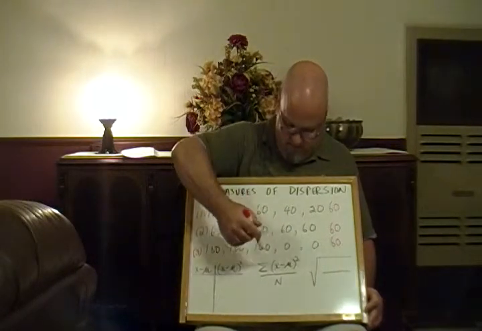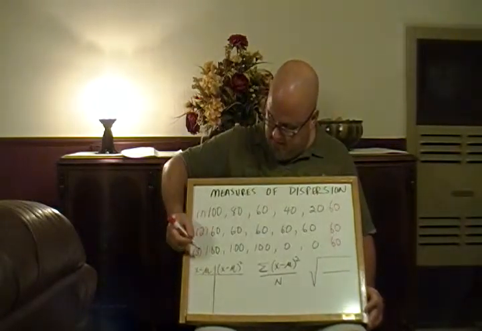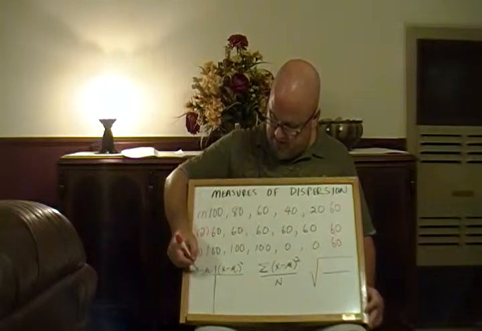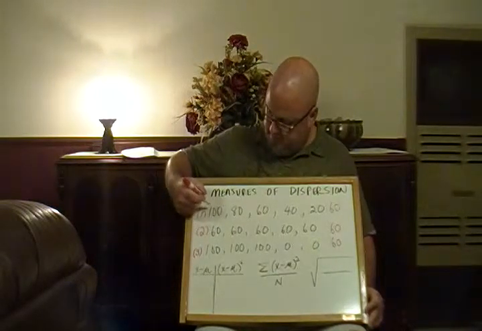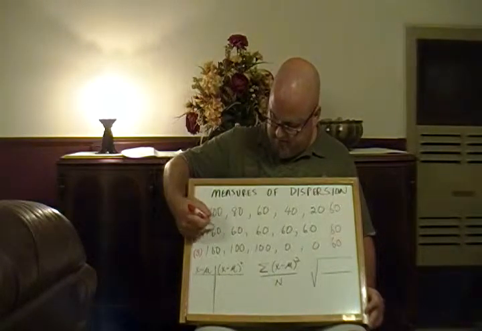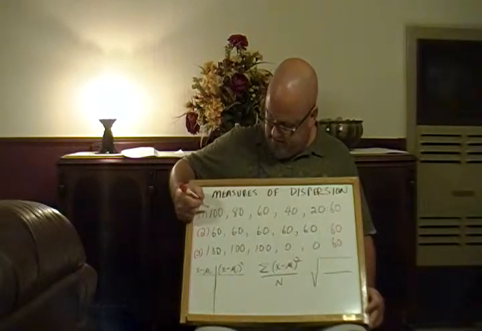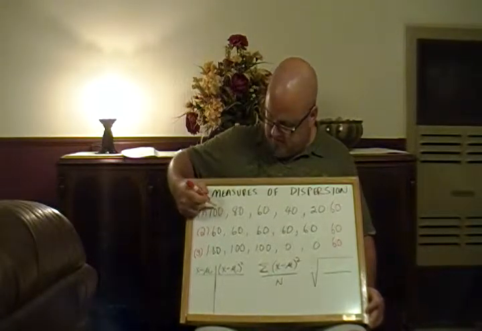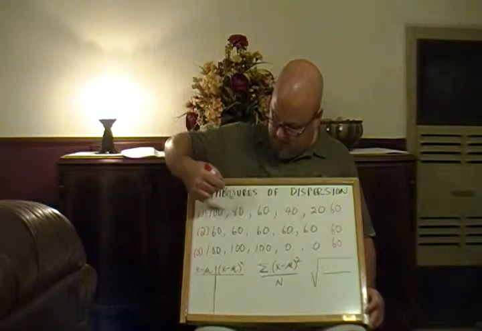The formula, I've got it broken down here. The first thing we do is subtract each data item. I'm going to do it just for this first one, and then I'll just give you the answers for the second two. We find the distance each one of these items is from the mean.